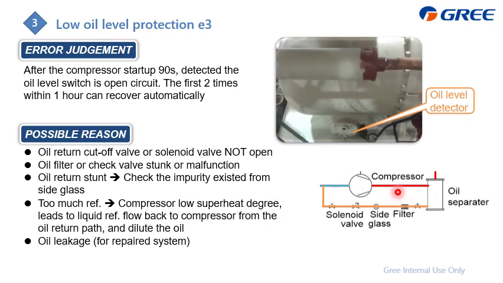In this case it contains a little liquid refrigerant, and this liquid refrigerant will be absorbed by the oil and flow back here together with the oil, and it can also dilute the oil and make the oil not enough here, which triggers the low oil level protection. And the last one is oil leakage, and this is only for the repair system.